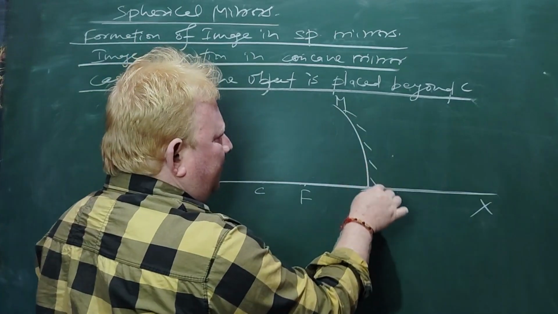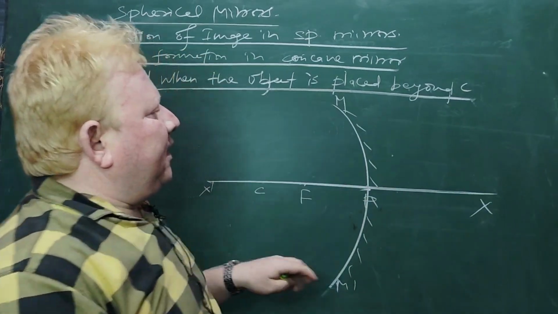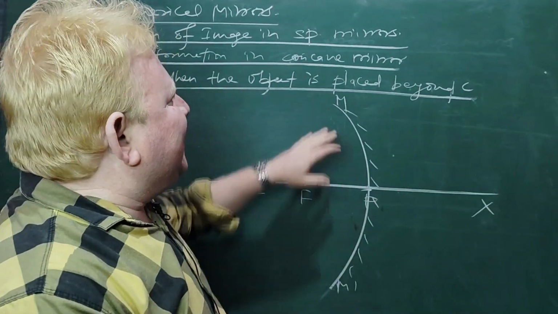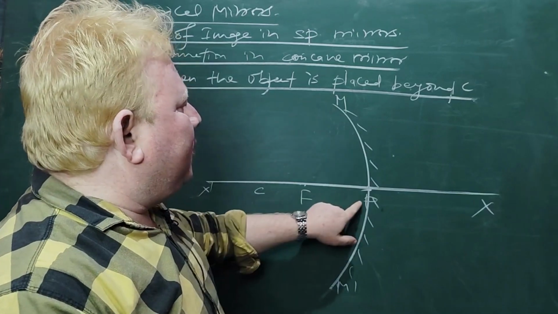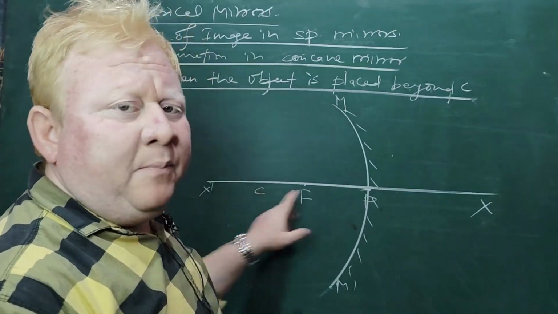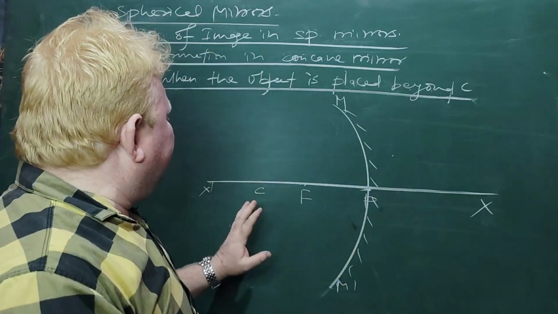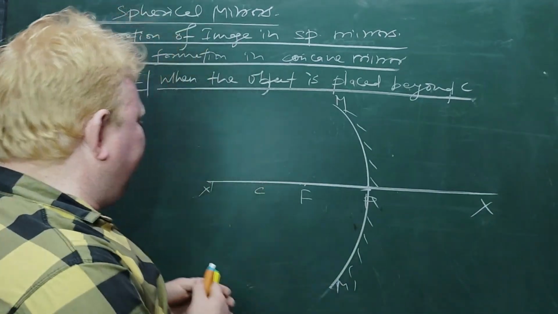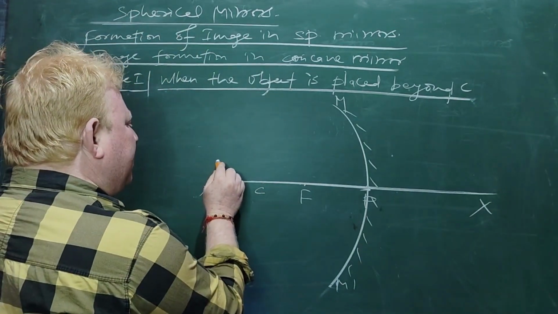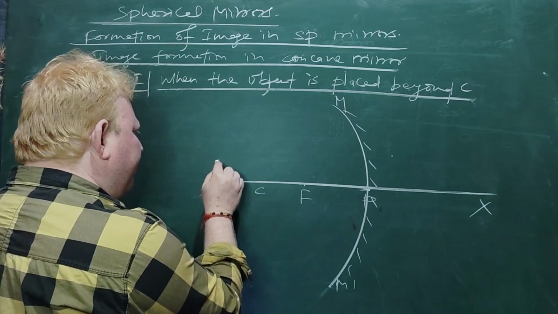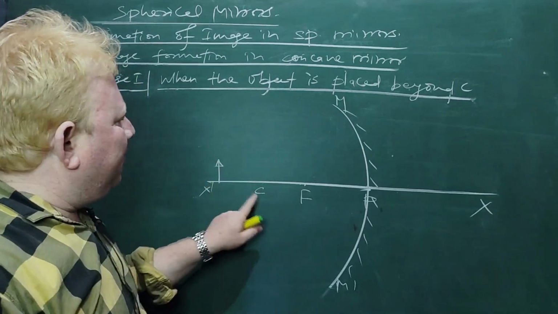Of course, this is also making it perfect, right? So let us consider a concave mirror MM dash whose pole P, focus F, center of curvature C, and principal axis XX dash. Now let us consider one object is placed beyond C. So let me consider one of the object AB which is placed beyond center of curvature.